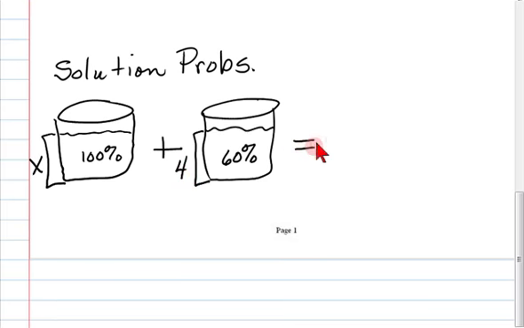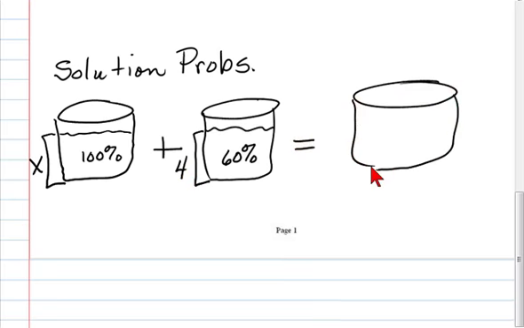Okay, I'm going to pour those two together. I'm going to make a big old beaker's worth in order to get an 80% solution. So I've got some pure acid. I'm going to mix it with some 60% acid. The pure acid is going to make this concentration stronger. The more I pour in, the higher the percentage goes of acid.